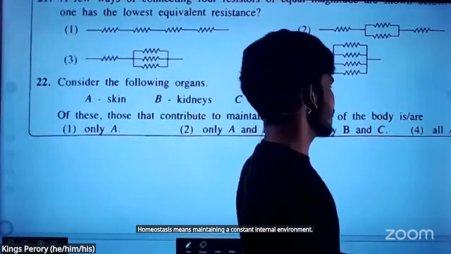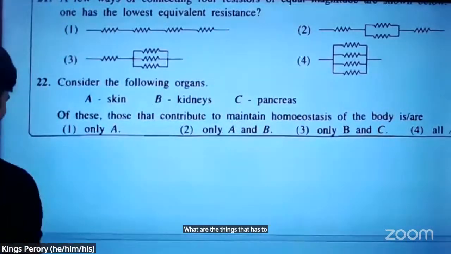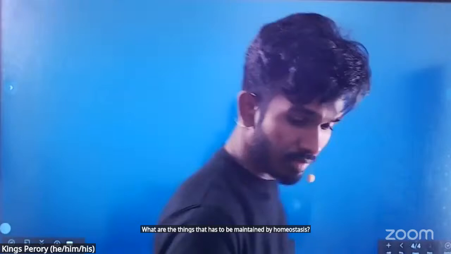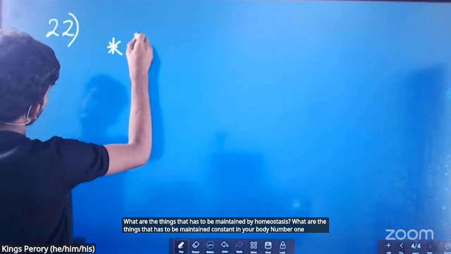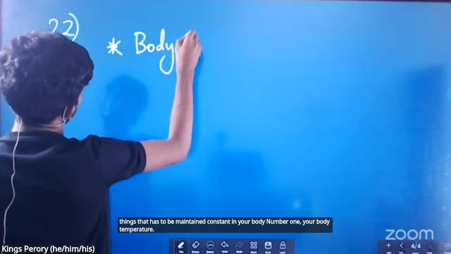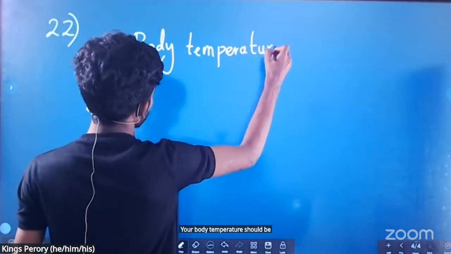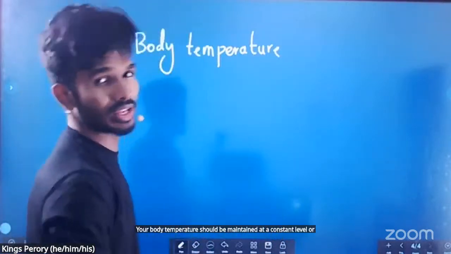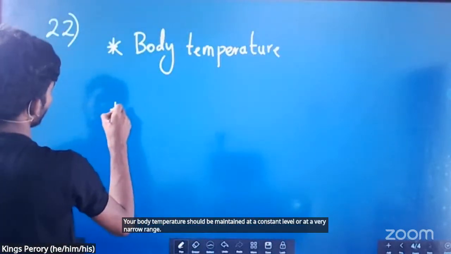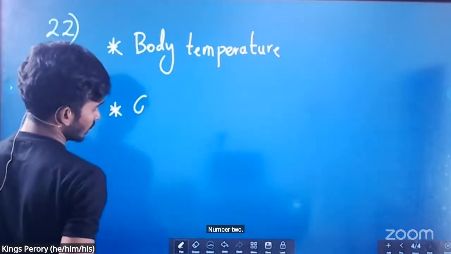What are the things that have to be maintained by homeostasis? What are the things that have to be maintained constant in your body? Number one, your body temperature. Your body temperature should be maintained at a constant level or at a very narrow range. Number two, your blood glucose level.